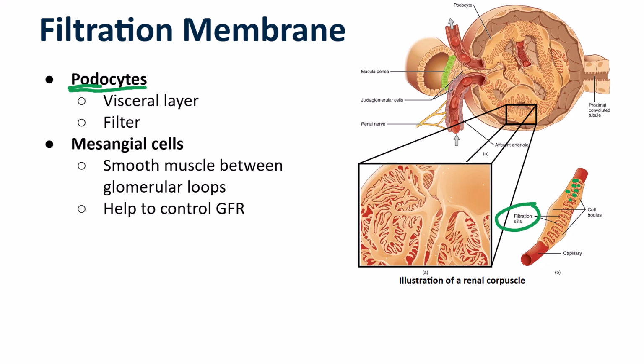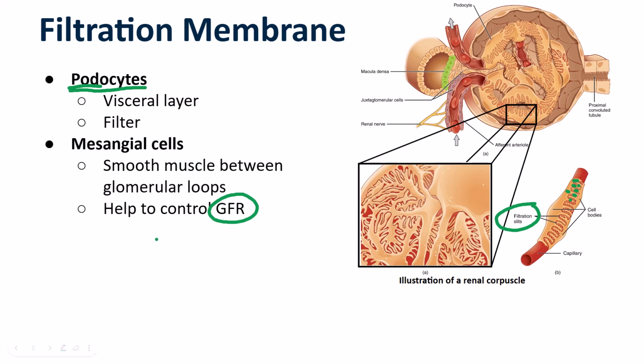Now, helping or aiding the podocytes are mesangial cells. Mesangial cells are smooth muscle tissue that sit between the glomerular loops, and as they contract, they pull the podocytes closer together, and as they relax, they allow them to drift further apart. So we are able to fine-tune glomerular filtration rate.